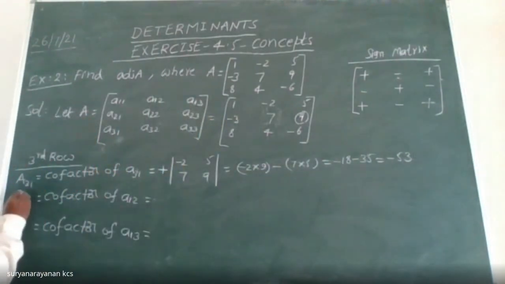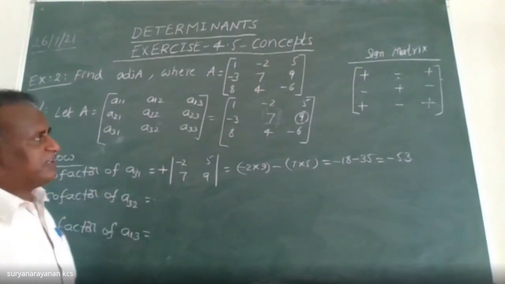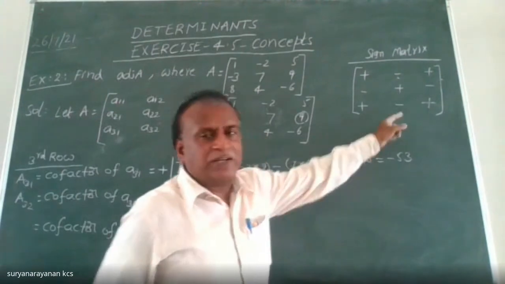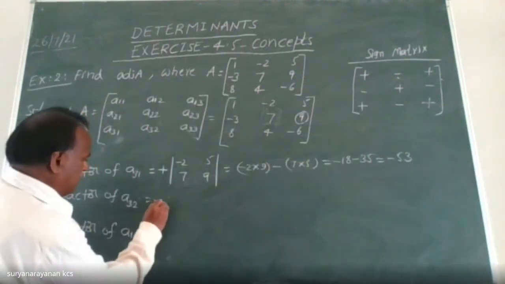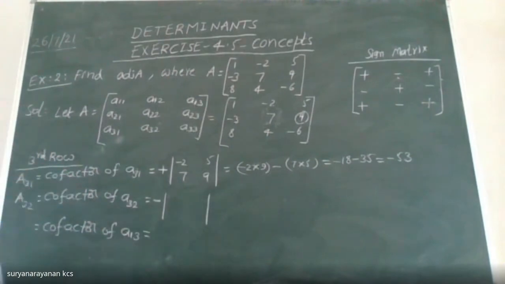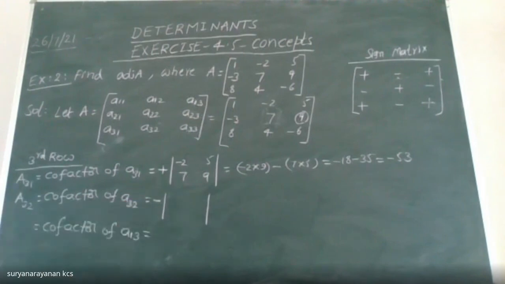Similarly, we find A32. Capital letter A32 denotes the cofactor of the element A32. What is the sign? Immediately go to the sign matrix. Minus. Sign matrix here minus. So minus. Can you tell me the minor of this element A32?